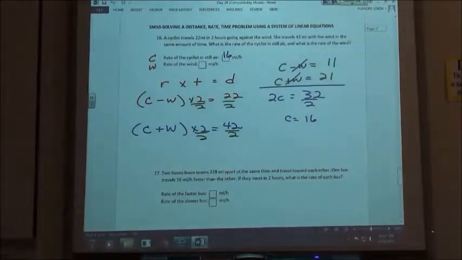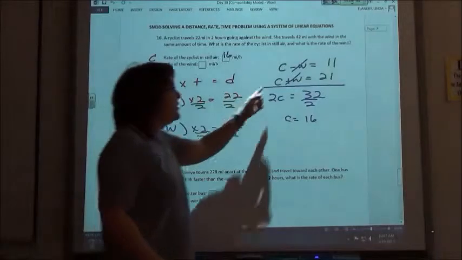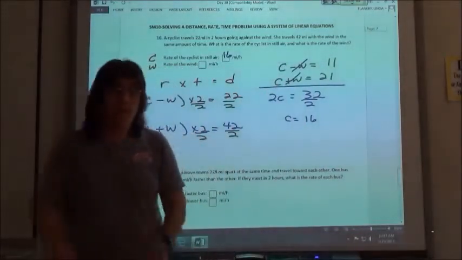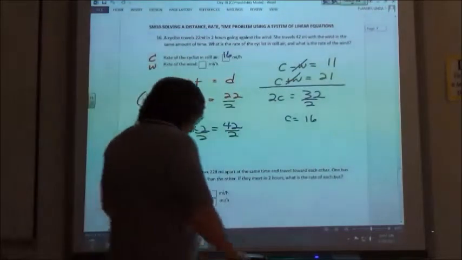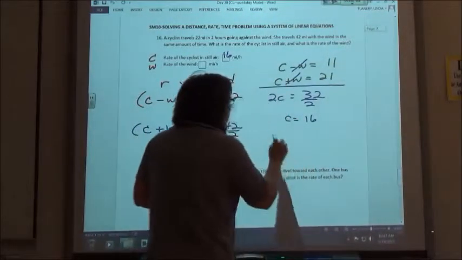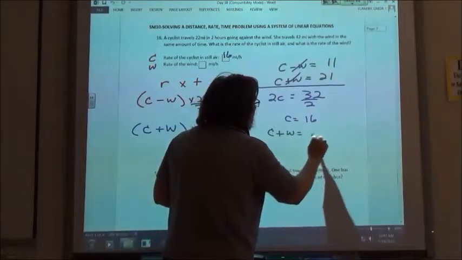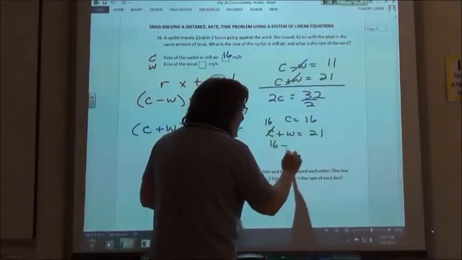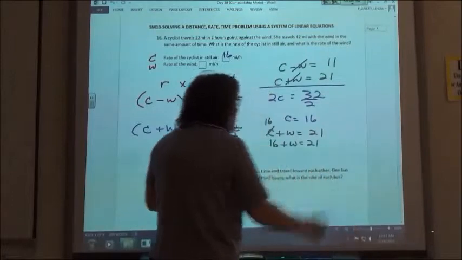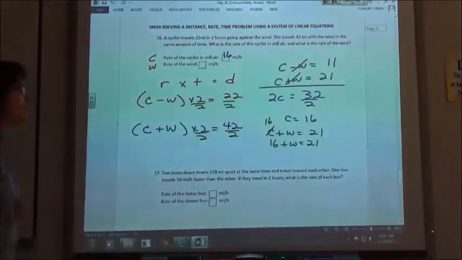I still need to find the rate of the wind. If you remember my recommendation, use the one with the plus sign. It's going to be easier, unless you don't have any with a plus sign, but usually you do. So I am going to use C plus W equals 21. I know my cyclist is 16. So 16 plus W equals 21.